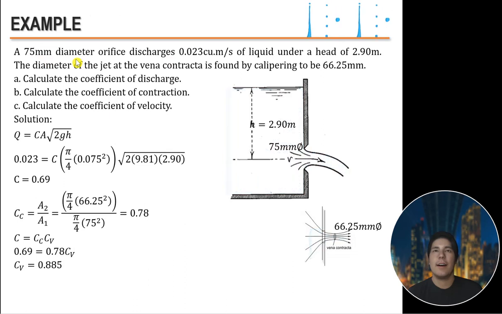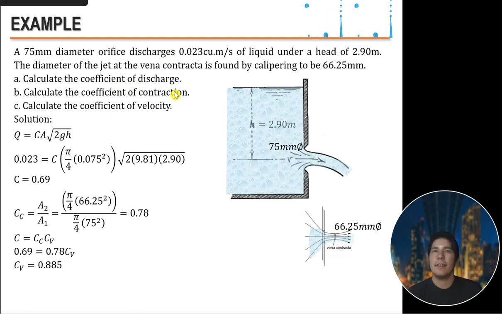So, an example here: a 75 millimeter diameter orifice discharges 0.023 cubic meter per second of liquid under a head of 2.9 meters. The diameter of the jet at the vena contracta is found by calibrating to be 66.25 mm. Now, we will calculate the coefficient of discharge, contraction, and velocity.